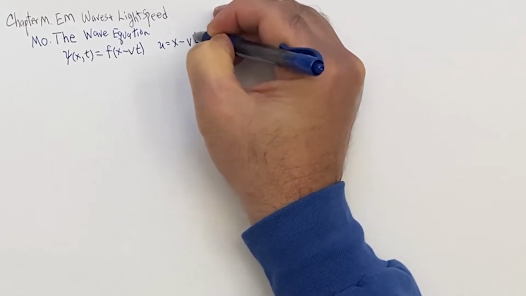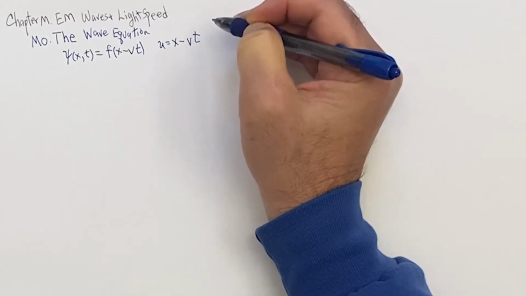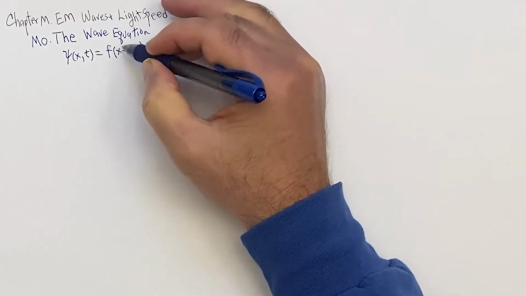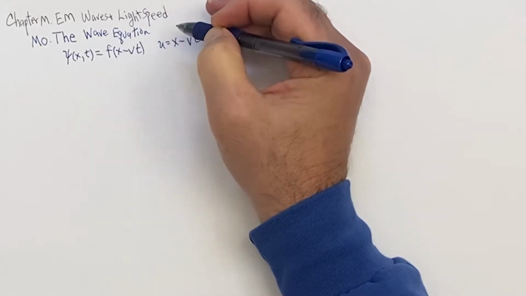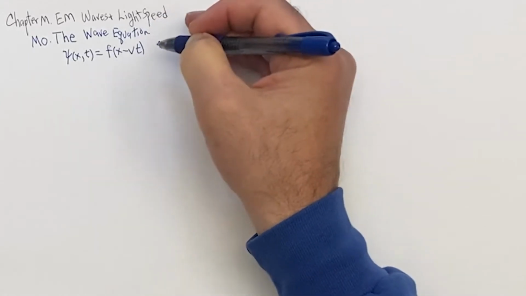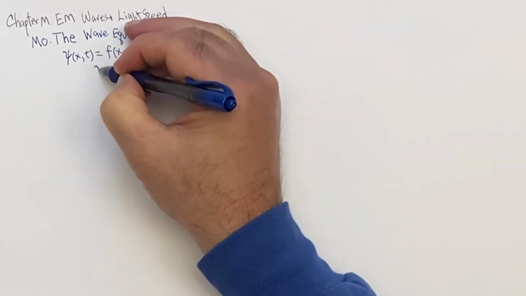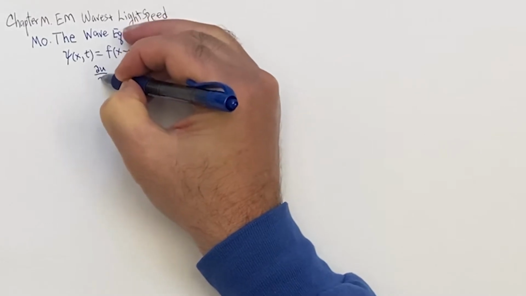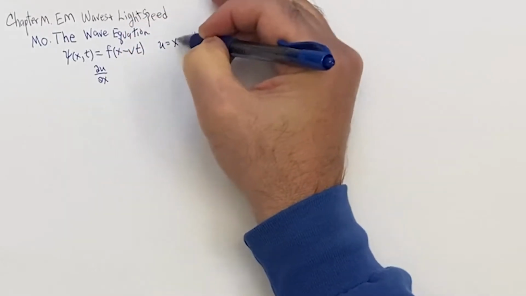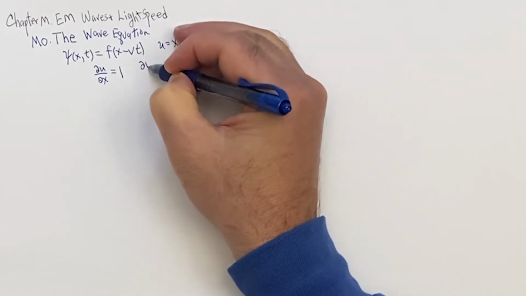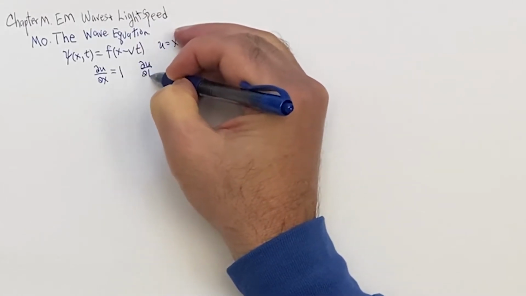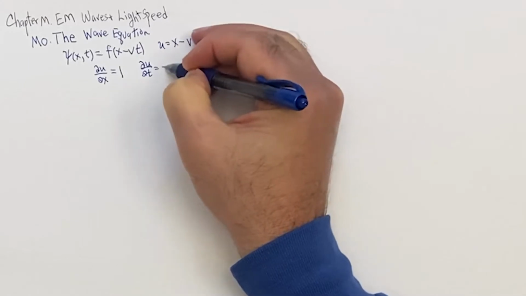Now we're in search of a differential equation of which the solution is some general function with the argument x minus vt. So what we will do is we will look at some partials. The partial of u with respect to x is 1, that's going to be handy. And the partial of u with respect to t is minus v.